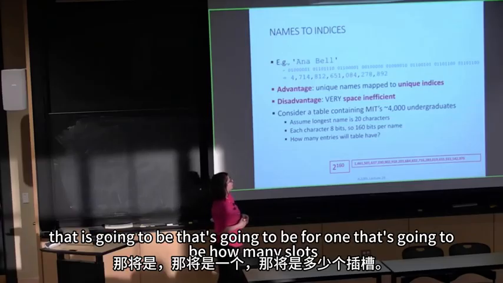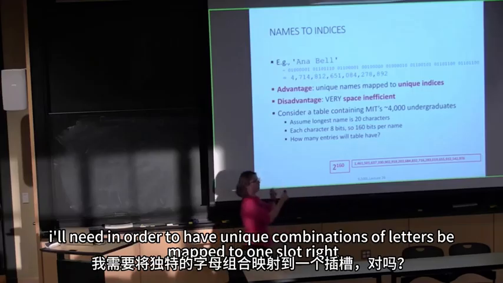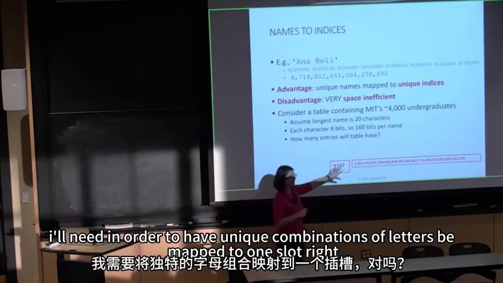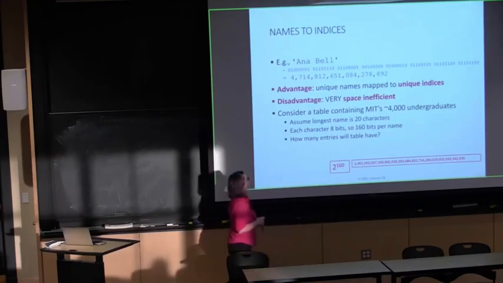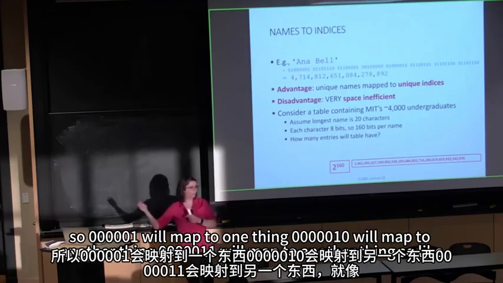That is going to be how many slots I'll need in order to have unique combinations of letters be mapped to one slot, right? So 00001 will map to one thing. 00010 will map to another thing. 00011 will map to another thing.